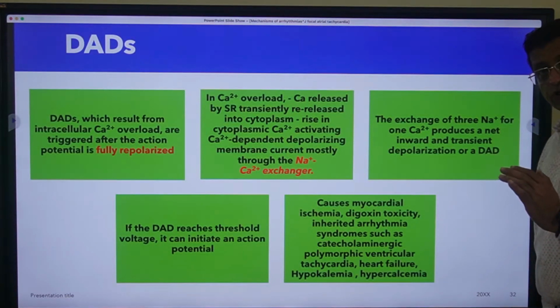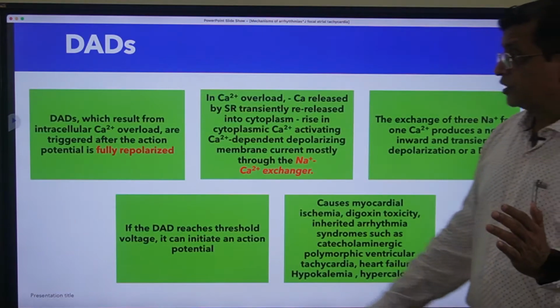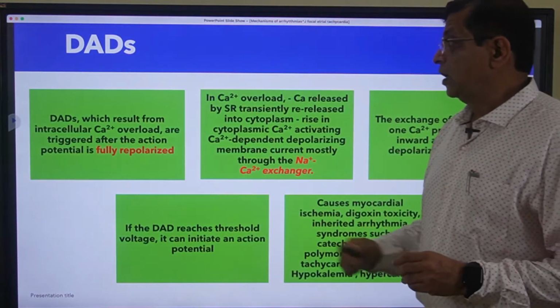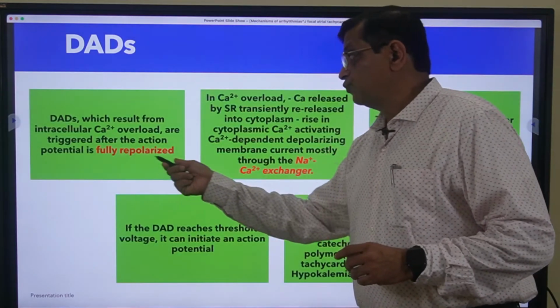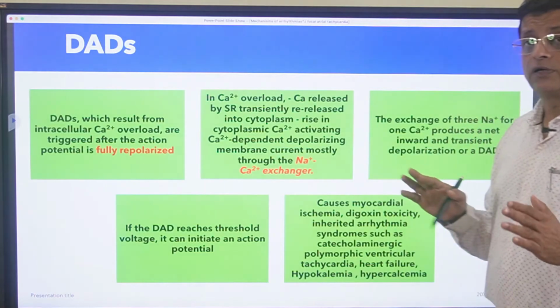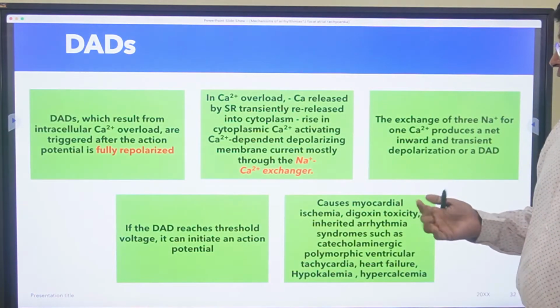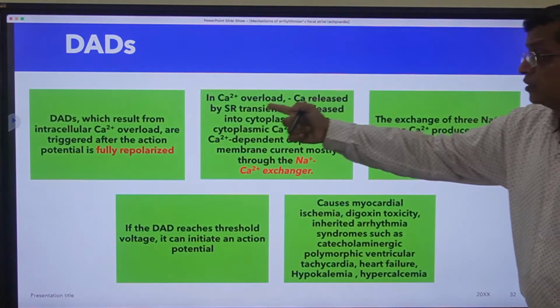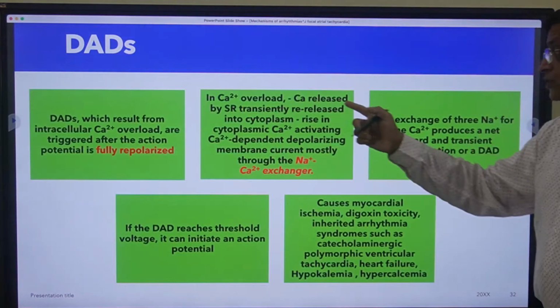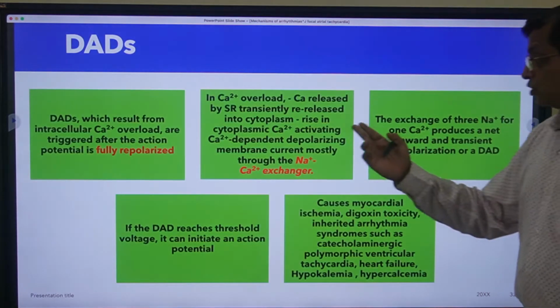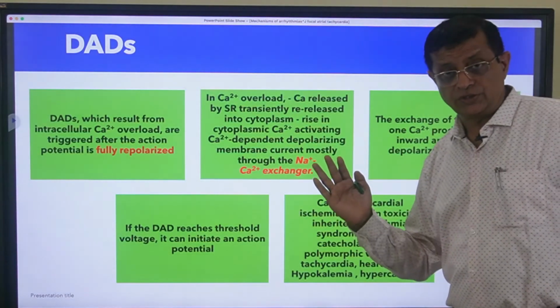Delayed afterdepolarizations are different. They result from intracellular calcium overload and are triggered after the action potential is fully repolarized. They occur after phase 4, when the cells are fully repolarized. In calcium overload, calcium released by the sarcoplasmic reticulum is transiently re-released into the cytoplasm, and this stimulates the sodium calcium exchanger.